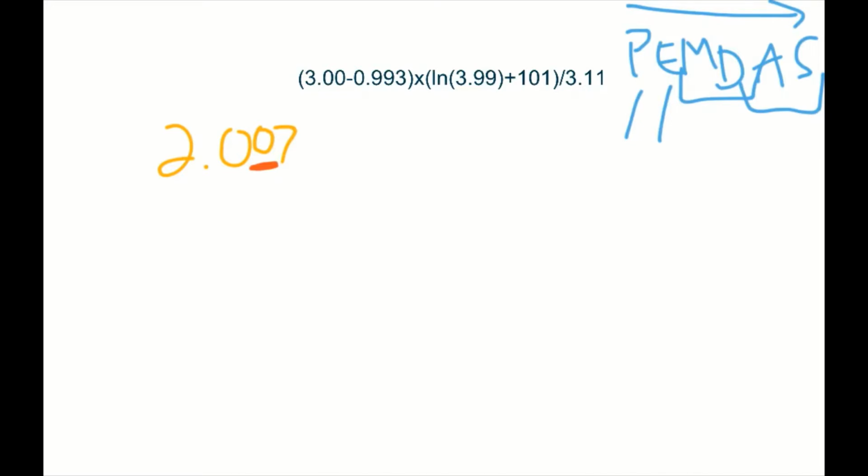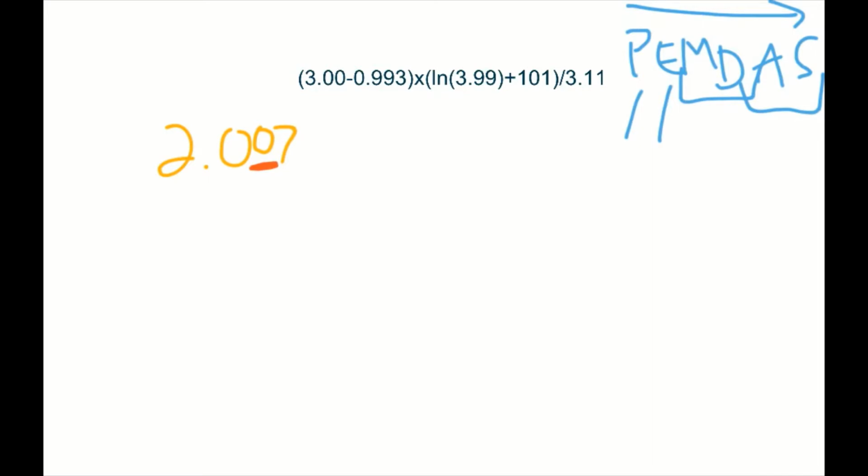So in this case, I underlined this 100th place because I know that this answer can have only 2 decimal places. And I'm not going to simplify right away because you can only simplify once you're done with the entire expression. But we've only gone through maybe 2 of the 5 numbers that are present.